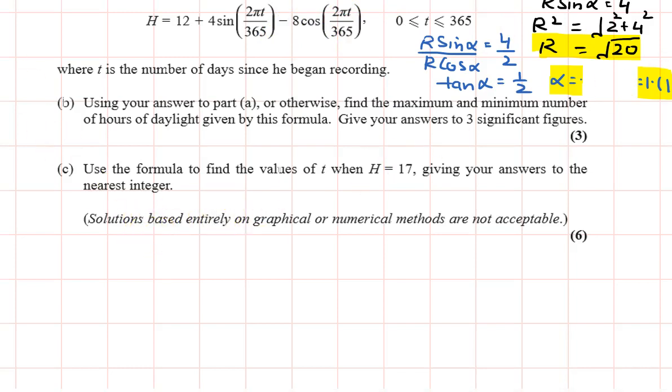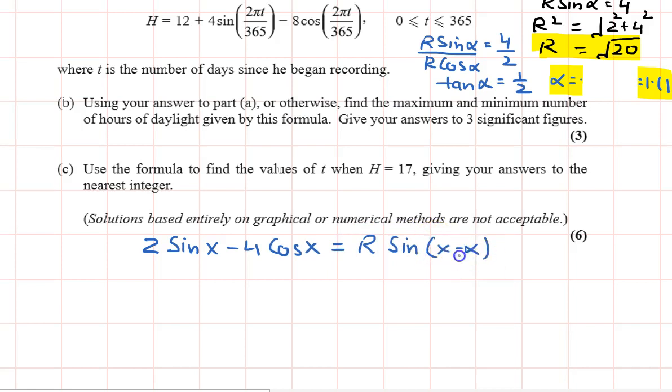Let me write this formula here that says that 2 sine x minus 4 cos x is equal to r sine x minus alpha.